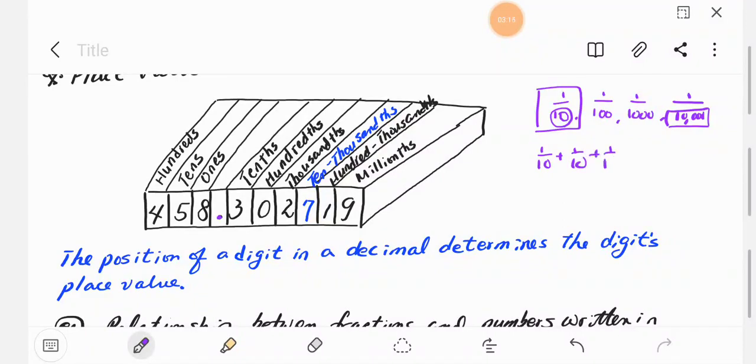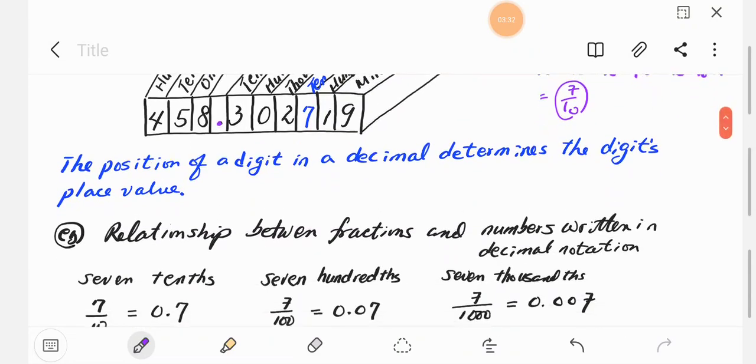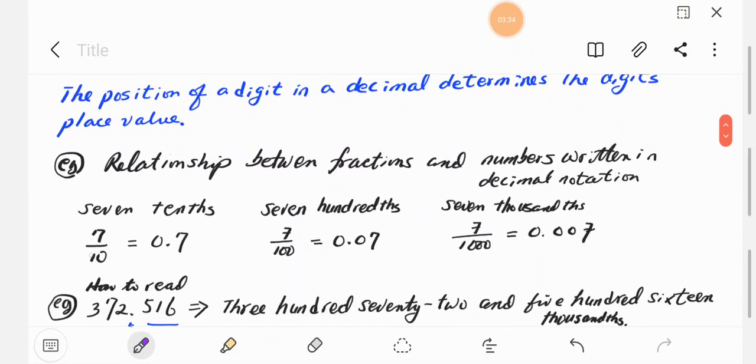When you add 1/10 seven times, this is equal to 7/10. So this is how we read it: 7 and then over tenths.